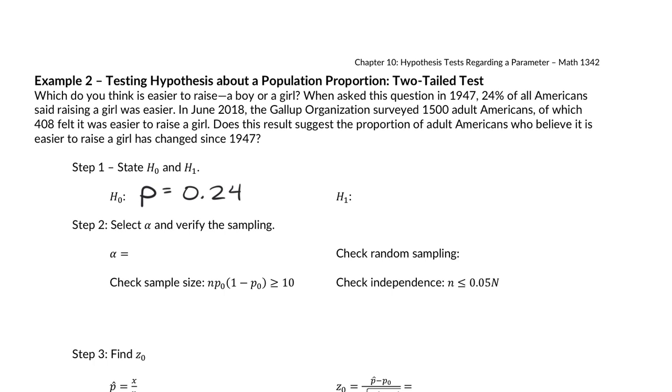That is what we knew in 1947. We are checking to see if the proportion of adult Americans who believe it is easier to raise a girl has changed. Is this going to be a right-tailed, left-tailed, or two-tailed test? We're trying to see if it's changed at all. I don't care if it's bigger or lower. We just want to see if it's not equal, which means this is a two-tailed test to see if it's not equal to 0.24.